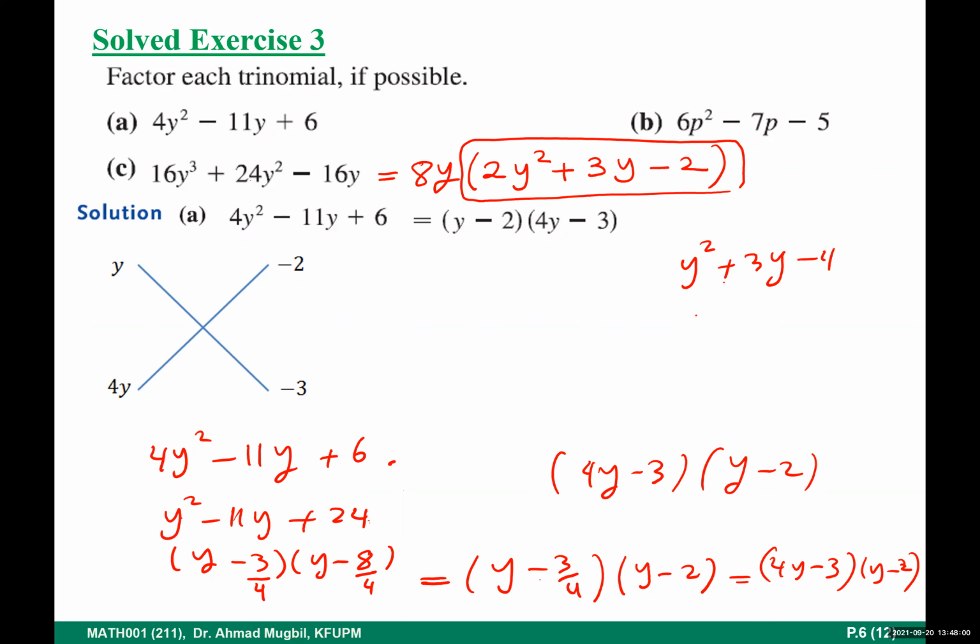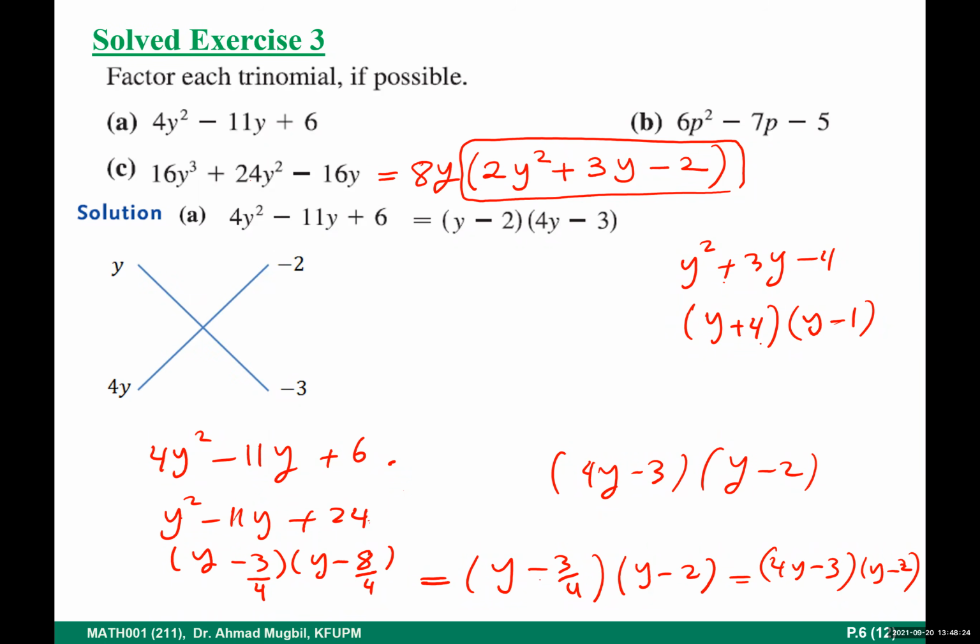Now what we will do here, we will write it as what? Y minus 4 and here y plus 1. Is that right? Plus 4 minus 1. Now it is correct.